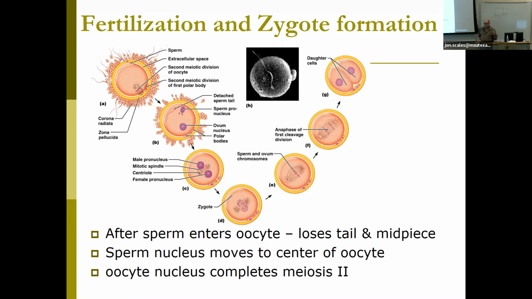That is going to trigger the completion of meiosis II. So remember that the egg was arrested in prophase 2 or metaphase 2, and it has to finish meiosis. And it does it after fertilization.